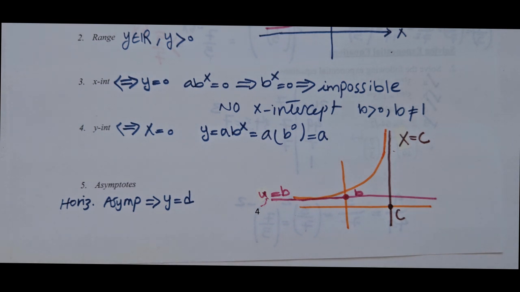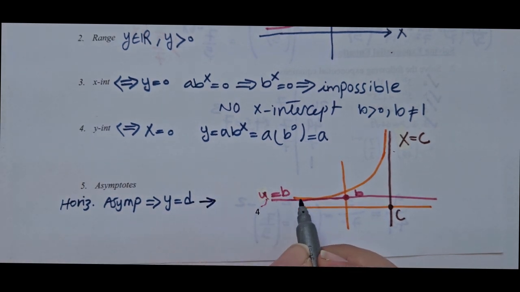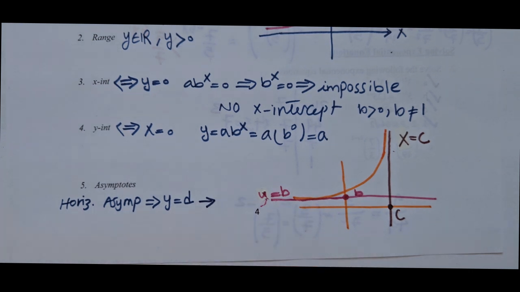Back to our discussion about the asymptotes of the exponential curve. If you want to find the horizontal asymptote, the equation would be y equals b, or d. It could be any number. Remember, the asymptote is what happens when we go toward infinity, at the very end.